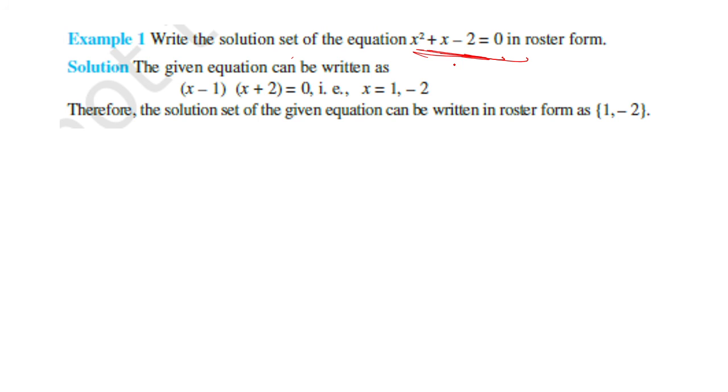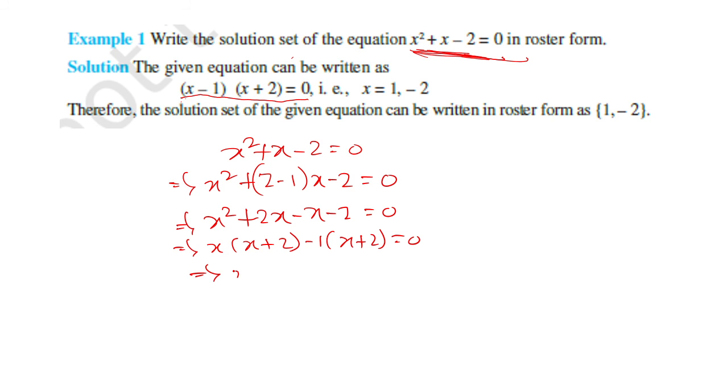So solve this quadratic equation. It will be in the form, by simple factorization which you have already learned, I think: x square plus 2x minus x minus 2 equal to 0, then x square plus 2x minus x minus 2 equal to 0, then x(x plus 2) minus 1(x plus 2) equal to 0, then (x plus 2)(x minus 1) equal to 0.